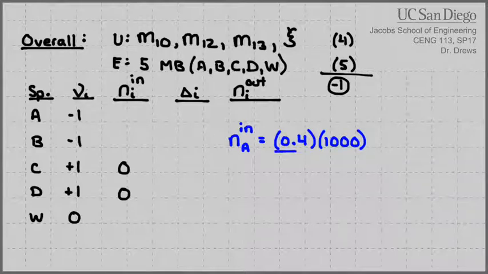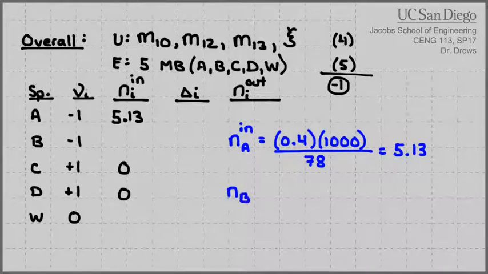And then we have to divide that by the molar mass of A. The molar mass of A, according to my little table that I wrote a moment ago, was 78. So if I throw this into my calculator real quick, 0.4 times 1,000 divided by 78 is about 5.13. So I'm going to take that 5.13 and put it here.